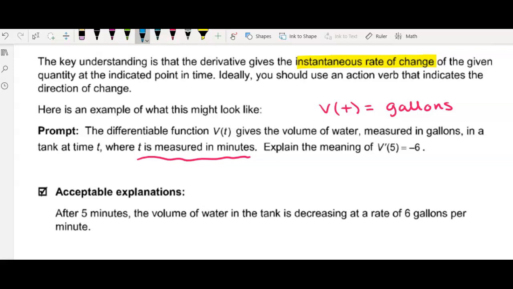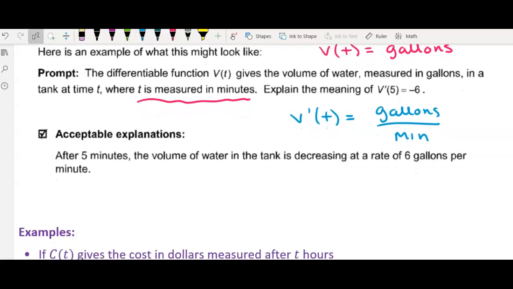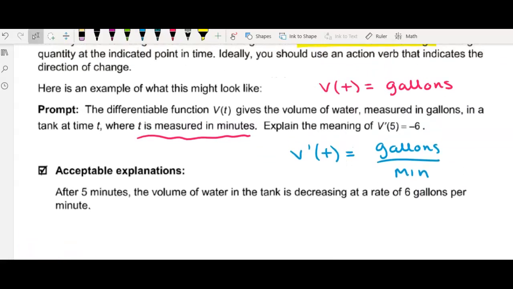Well, v of t is gallons, then v prime of t will be gallons per minute. After 5 minutes, the volume of the water in the tank is decreasing. Say that it's decreasing because the derivative is negative, at a rate of 6 gallons per minute.